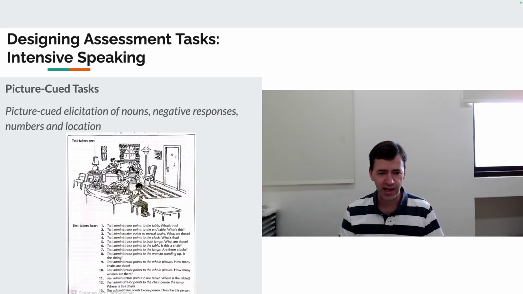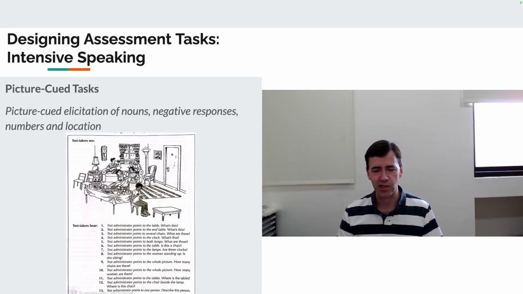The very last question gets even more difficult in that you point to one person and say, describe this person. So now it's not just one particular form, it's more creative, open-ended, even though it's controlled based on what they look like and what they're wearing. Typically this type of assessment will start very simple and then get more difficult towards the end.